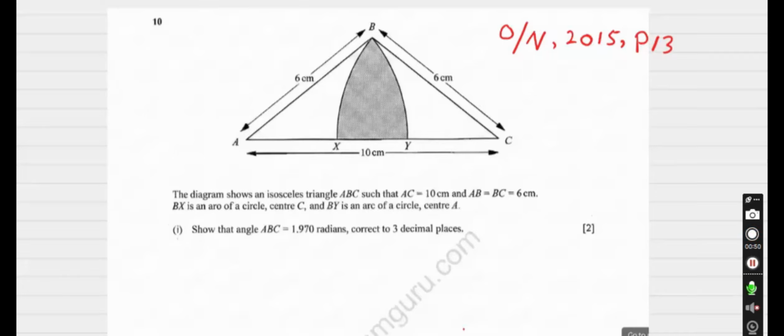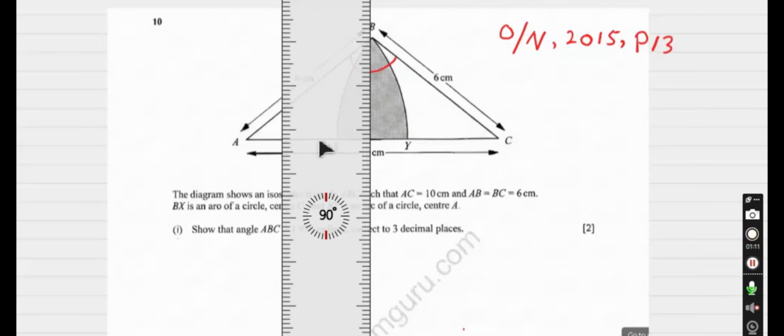So angle ABC is required. I am marking angle ABC. Students, this is an isosceles triangle. If we drop a perpendicular from B to the line AC, then this perpendicular splits this isosceles triangle into two right angle triangles.